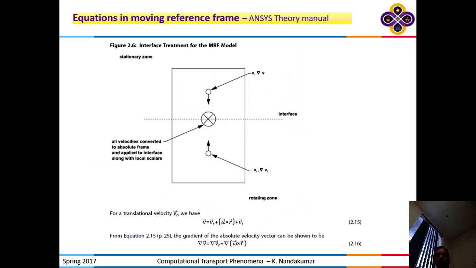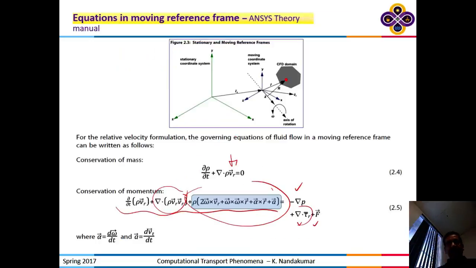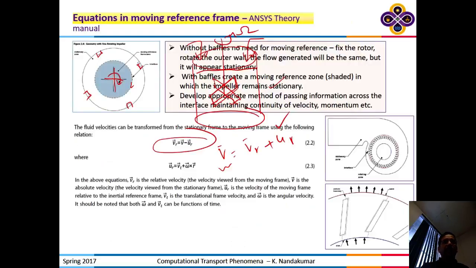So this one we already talked about. When you have multiple reference frames, that is a stationary zone, which is this part, and a moving, rotating zone, which is this part, there is an interface. You are dividing your domain into two parts. One part is stationary, the other part is rotating. The reason for doing that, of course, is to handle baffles with a stirrer, so that in each domain the geometry doesn't distort as the rotation takes place.